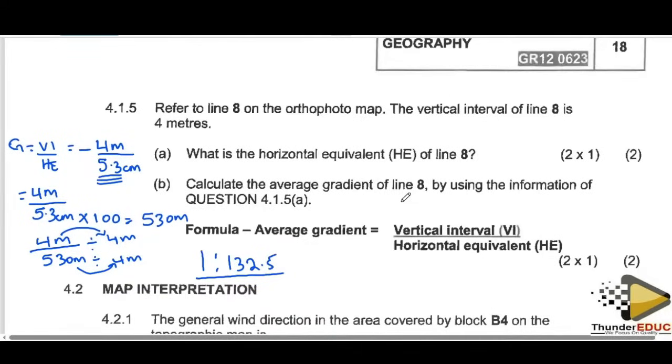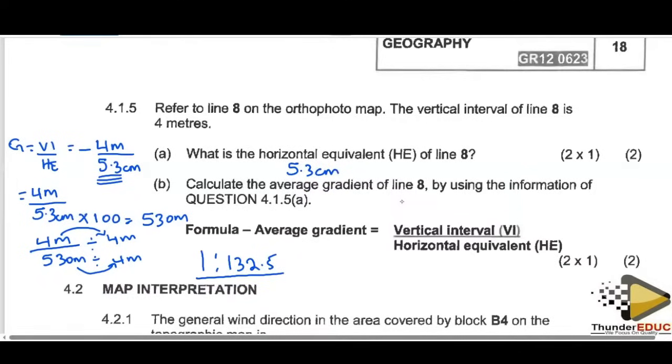Question B. Here they said, what is the horizontal equivalent? Remember we estimated and we gave 5.3 centimeters, right?